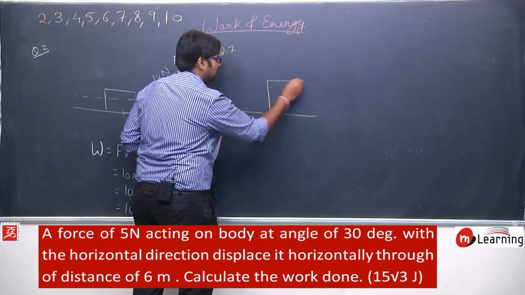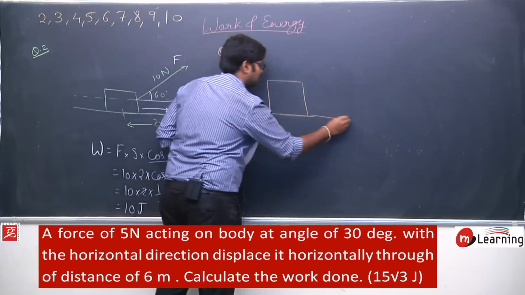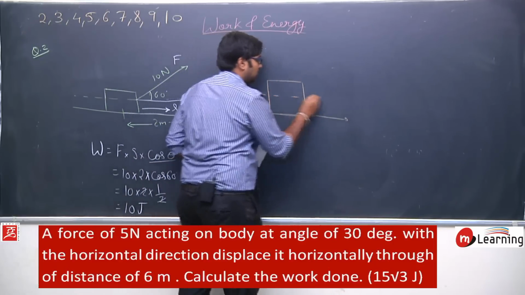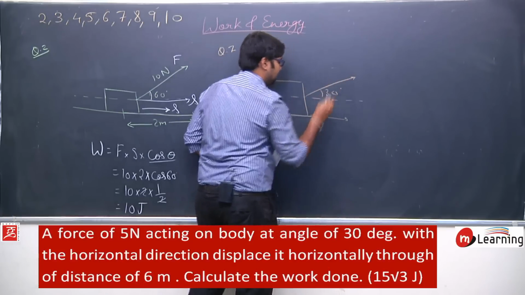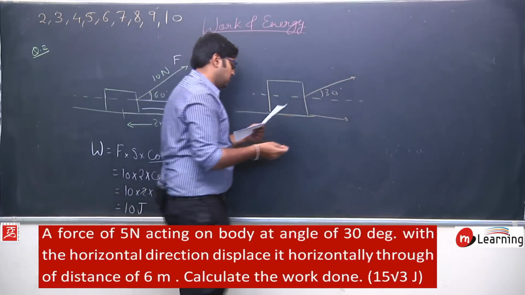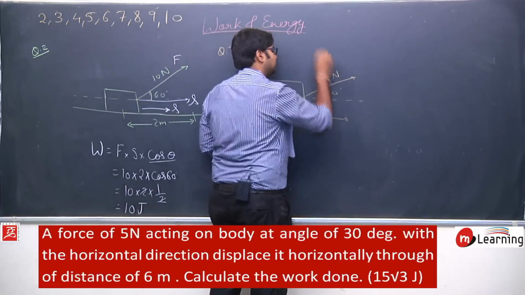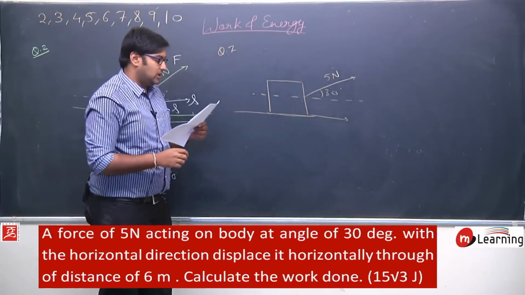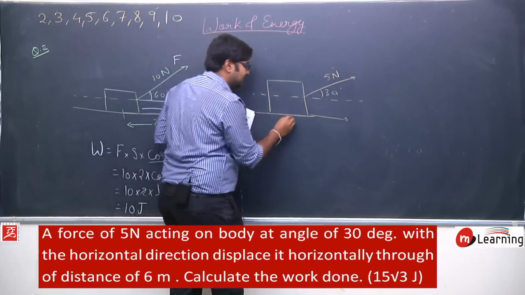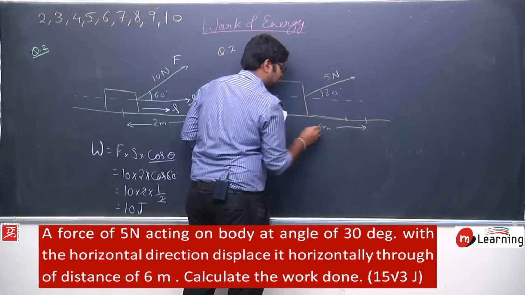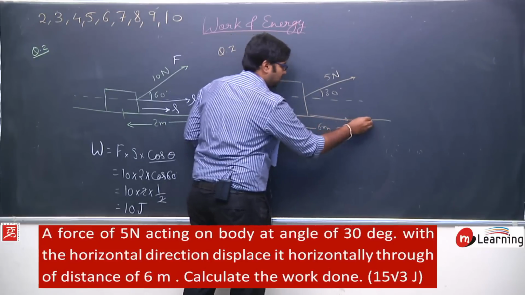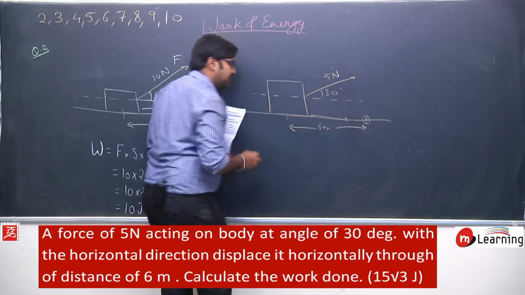Here we have a body on which the force is acting at an angle of 30 degrees, the magnitude of force is 5 Newtons, and this force displaces the body by 6 meters.